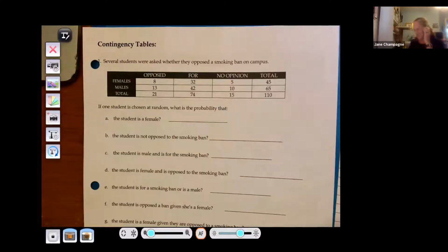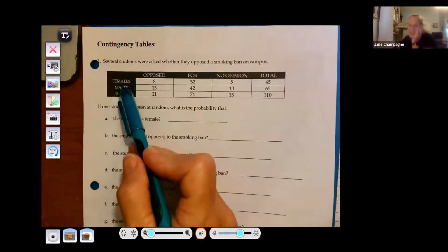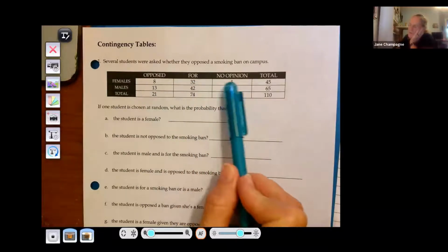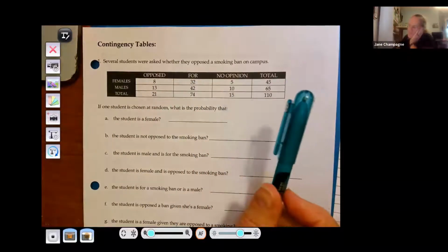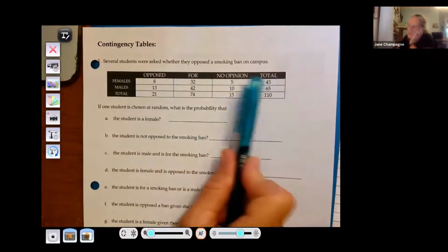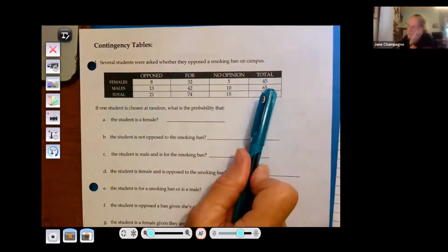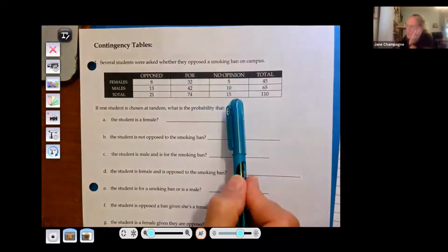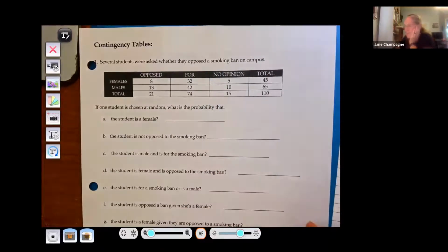Let's do this one first. So this one has females versus males, and then opposed, for, or no opinion. And then we've got the totals for how many females and how many males. And then the totals for how many are opposed, for, had no opinion on a smoking ban.